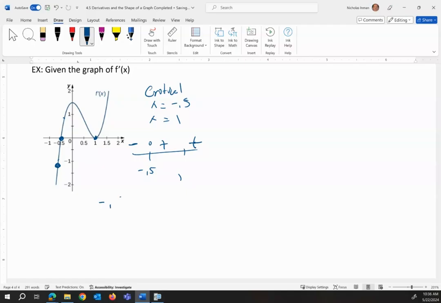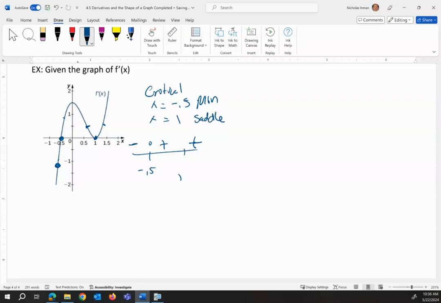So at -0.5 we go from decreasing to increasing, so -0.5 is a minimum. At 1, we go from increasing, our derivative is positive, to increasing, so this would be like a saddle.